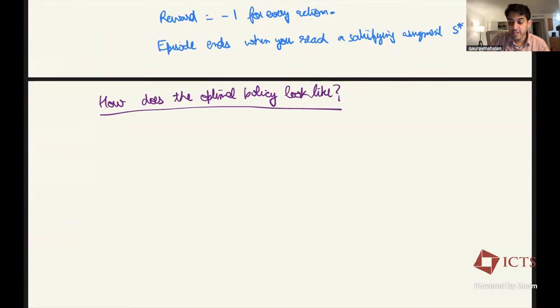How does the optimal policy look like? The reward is -1 everywhere, so you're always wanting to finish fast, right? So the optimal policy is basically just going towards S star as fast as possible. It would be obvious that at some assignment, the best thing you can do is just go towards S star.